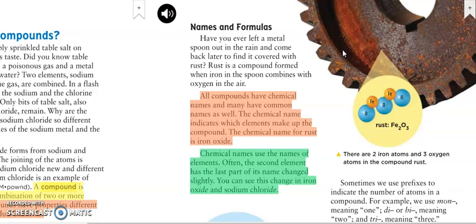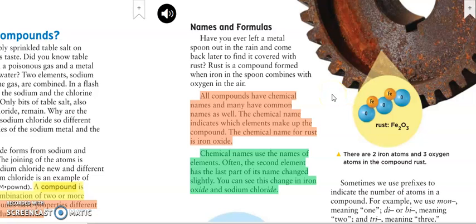So all compounds have chemical names and many have common names as well. The chemical names indicate which elements make up the compound. The chemical name for rust is iron oxide. So as you see here, iron oxide is the name of rust.